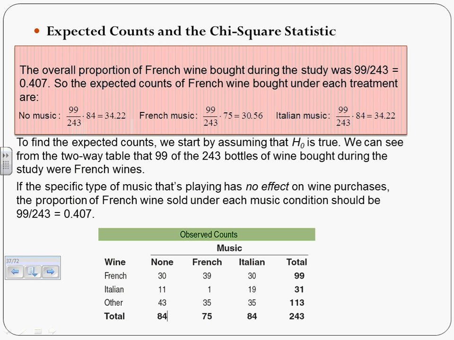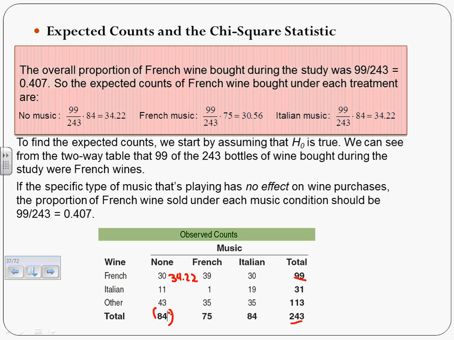So the overall proportion of French wine bought during the study was 99 over 243. For the expected counts of French wine bought under each treatment, we take our 99 out of the 243 and multiply by the 84 for the none. So we take our 99 out of 243, multiply it by 84, and we can see that this would be 34.22.